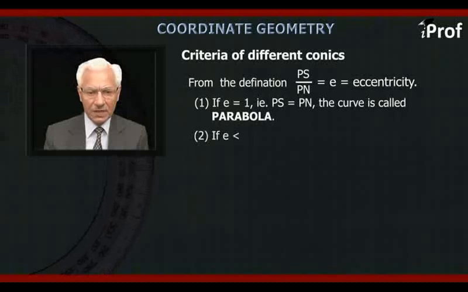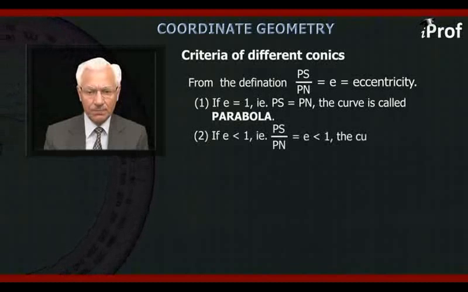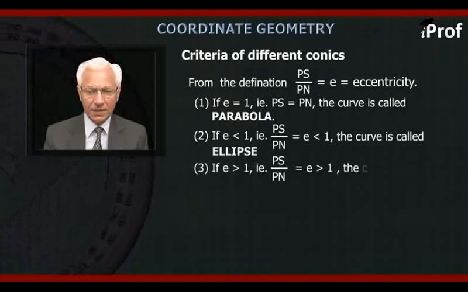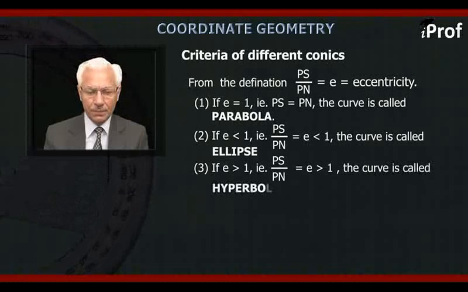Second, if e is less than 1, that means PS upon PN is equal to e, which is less than 1, the curve is called an ellipse. And if e is greater than 1, the curve is called a hyperbola.